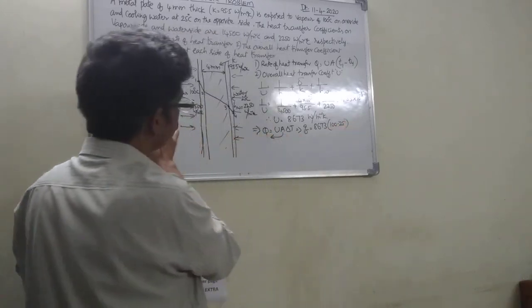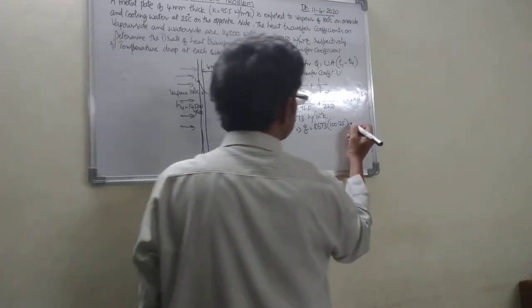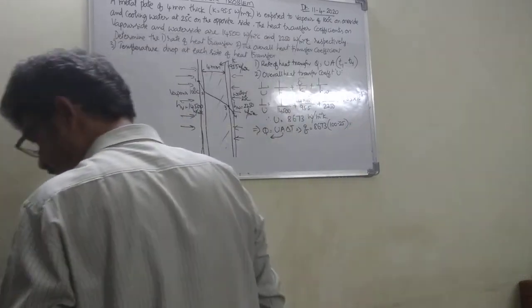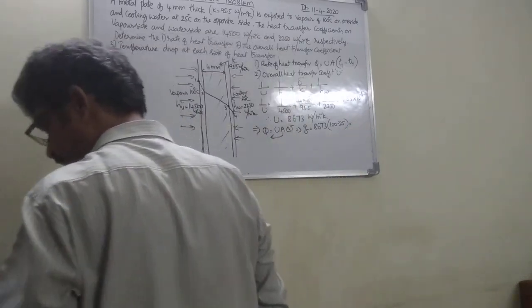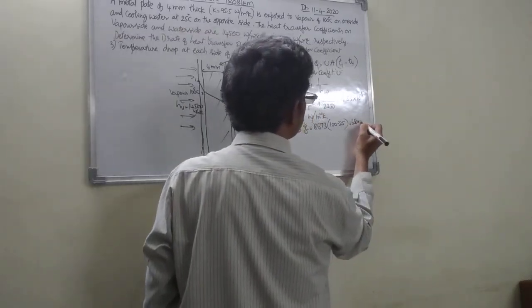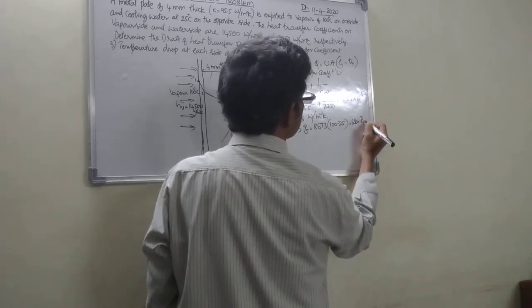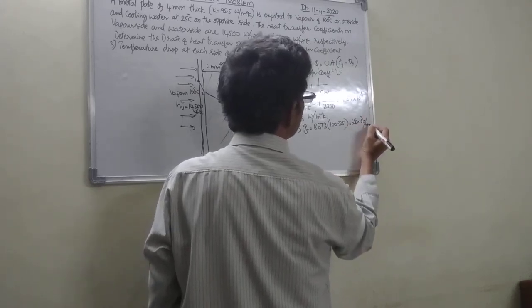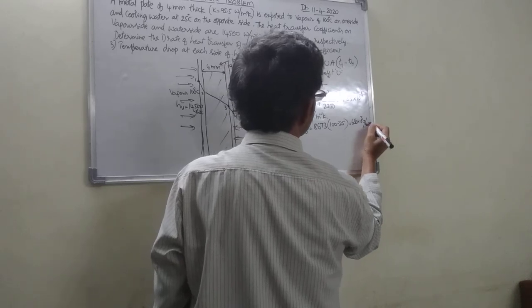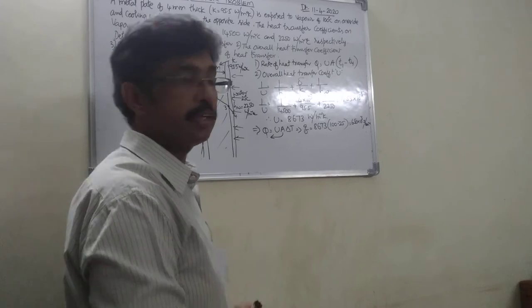So 100 is the vapor side temperature and 25 is the water side temperature. Therefore you will get the value of q is equal to 650 into 10 to the power of 3, that is joules per meter square. So this is the rate of heat flow.